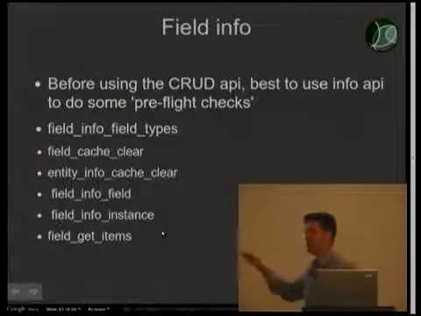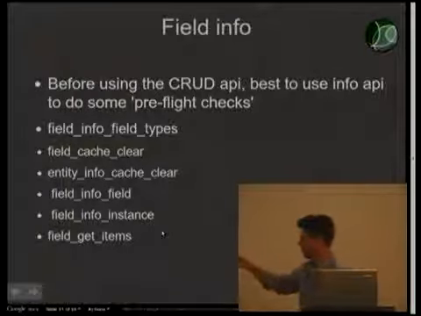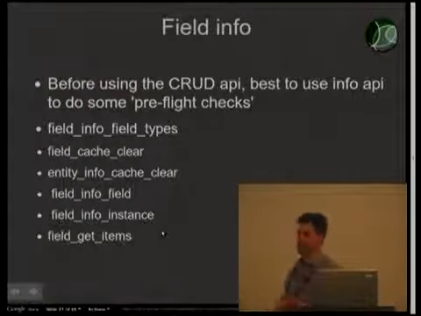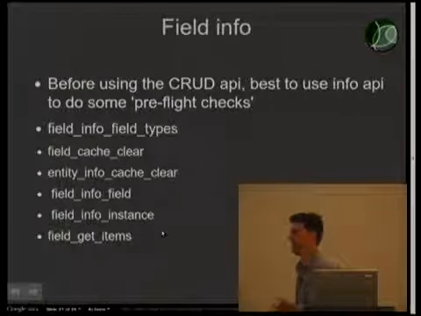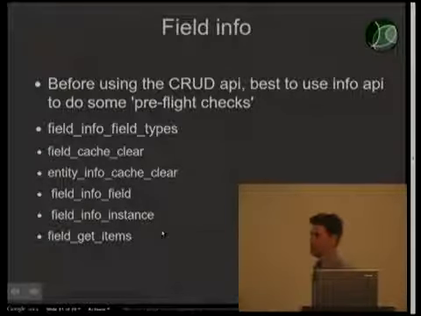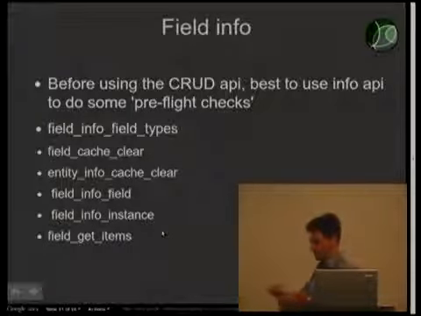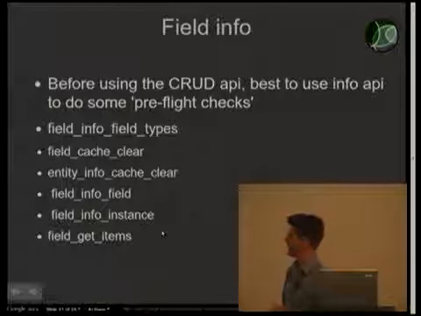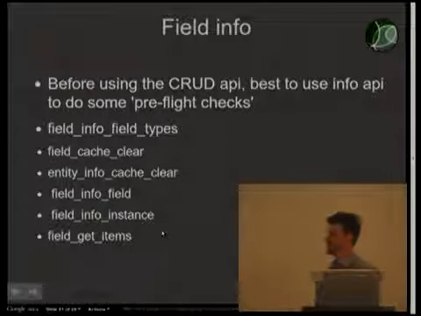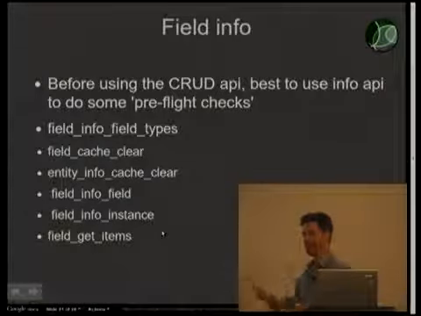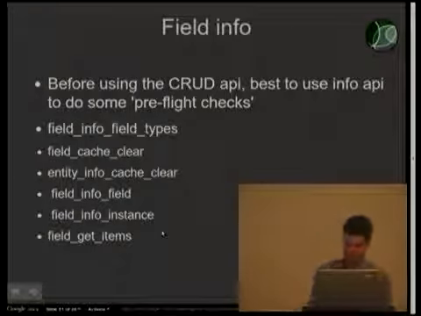You use field_get_items to do the language-safe fetching of those fields. field_get_items will take the entity type, the actual entity, and the field name, and it'll return you an array for the correct language. So there's no need to be doing isset on node field and all that sort of stuff. field_get_items will return that safely for you. If we get time, we might talk a little bit about the entity module, because there's some even sweeter stuff that you can do.